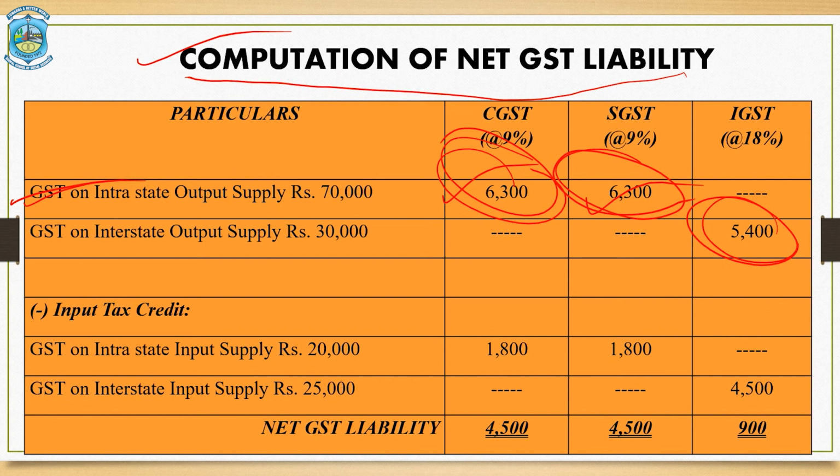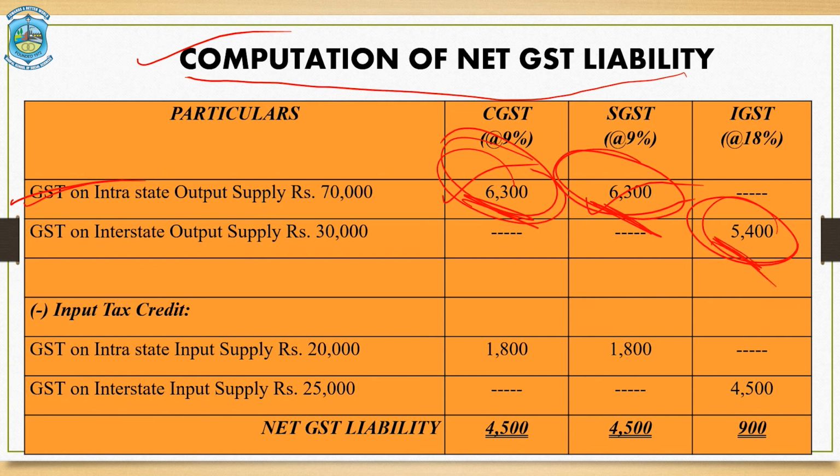But please remember, it is the figure of gross tax liability, not the net GST liability. CGST payable 6,300, SGST payable 6,300 and IGST payable 5,400.